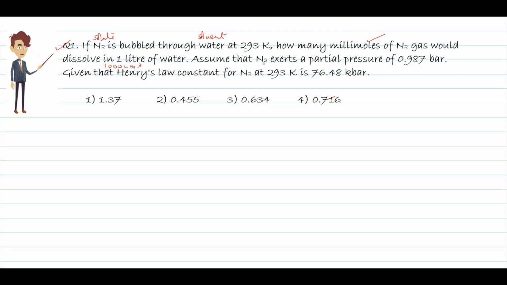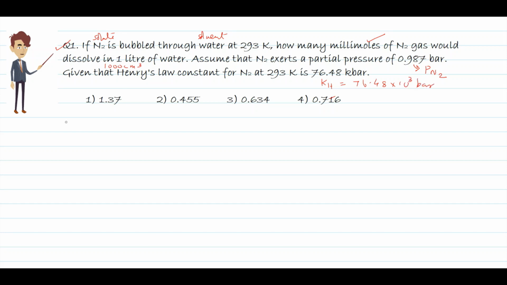Given that nitrogen exerts a partial pressure of 0.987 bar. Then Henry's law constant kH is given as 76.48 kilobar, which in terms of bar becomes 76.48 into 10 raised to 3 bar.